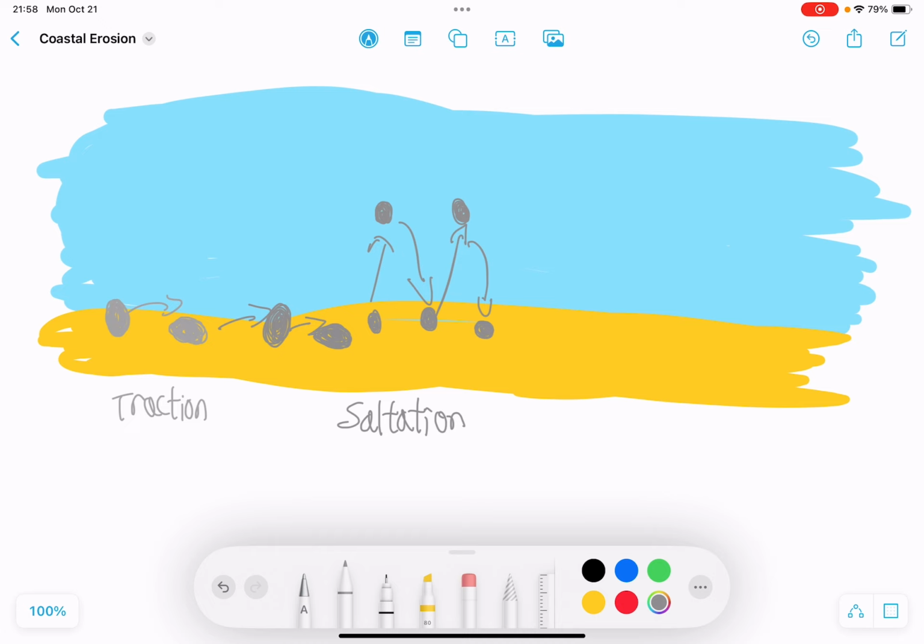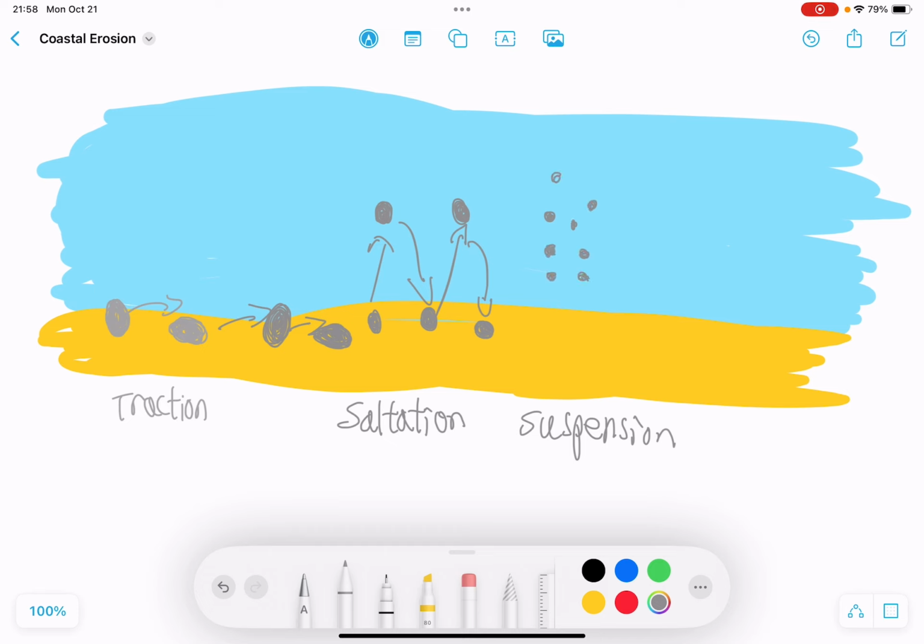And then after some other attrition, or maybe even abrasion, where the rocks bump into the cliff face and break down the cliff face, but also break down themselves at the same time, the rocks will be small enough to be involved in a process called suspension, where the rocks are small enough that they're nearly invisible, but yes, you can still see them.